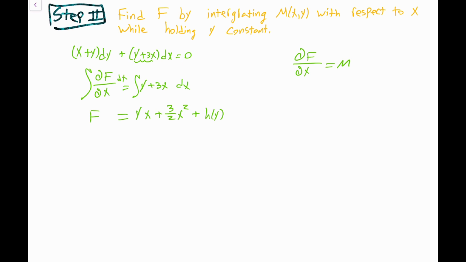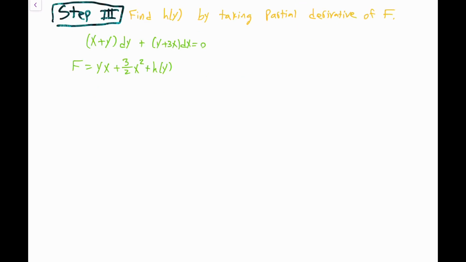Let's move on to step 3 to find that h of y. We'll find h of y by taking the partial derivative of f. So we know f from step 2 is equal to yx plus 3 over 2 x squared plus h of y. This is because we know that the partial derivative of f with respect to y is equal to N. So we'll take the partial of this with respect to y.